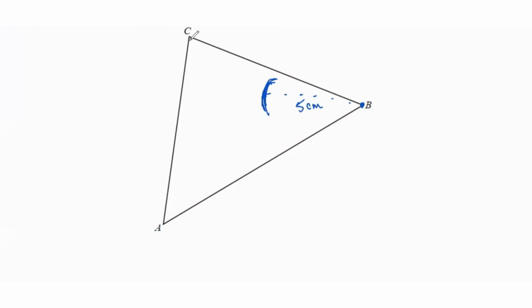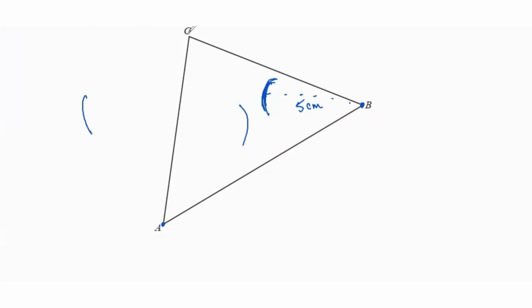Then it said that the other locus point is equidistant from A and C. So that means you will draw a perpendicular bisector. You will measure the distance of AC. Then you will open the compass more than half the distance of AC. And once you've done that, you will put the compass at A and make an arc above and below AC.